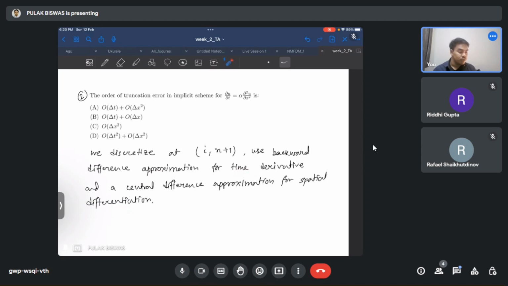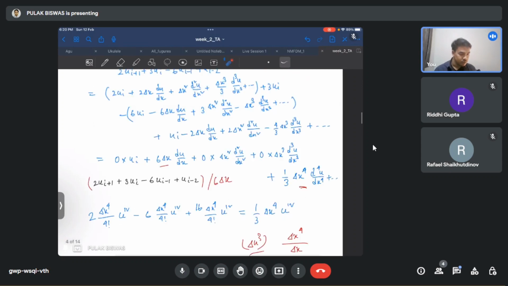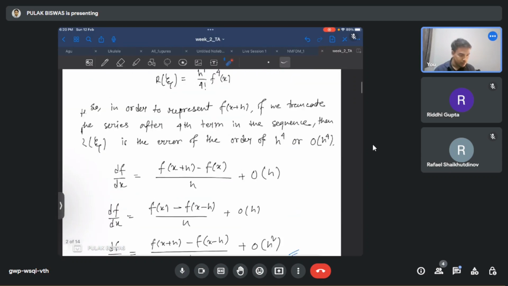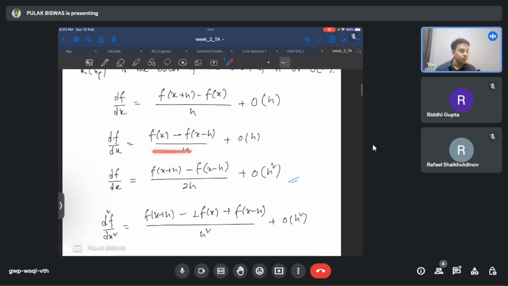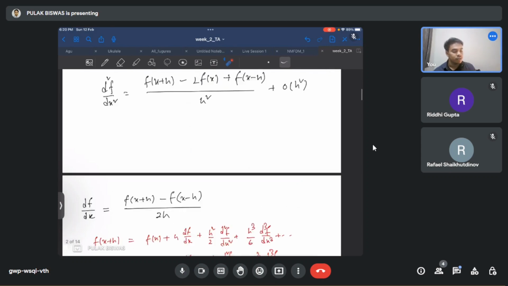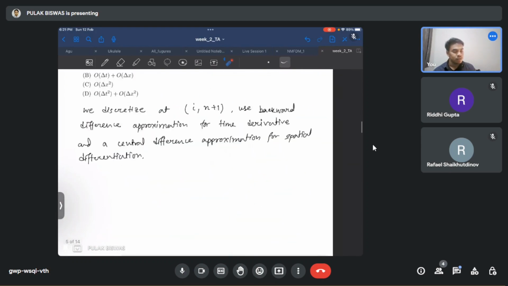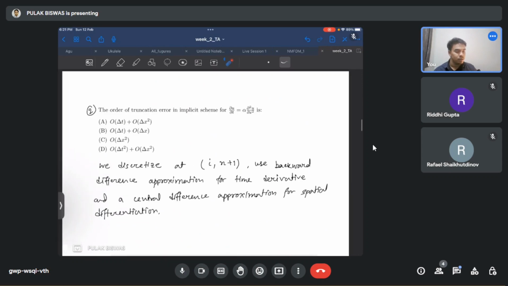If you use backward, as I have shown here previously, the order is h, and for central it is h squared. So from this, what will be the answer? This one, this one. So this will be the answer for this question.